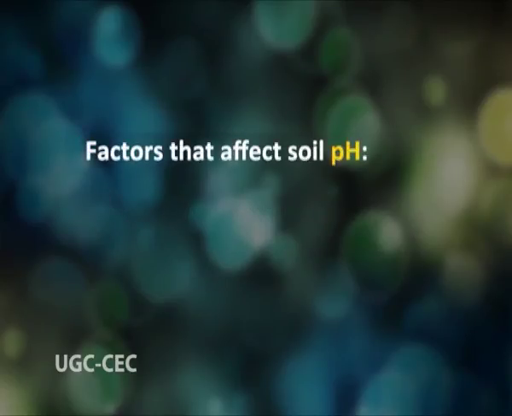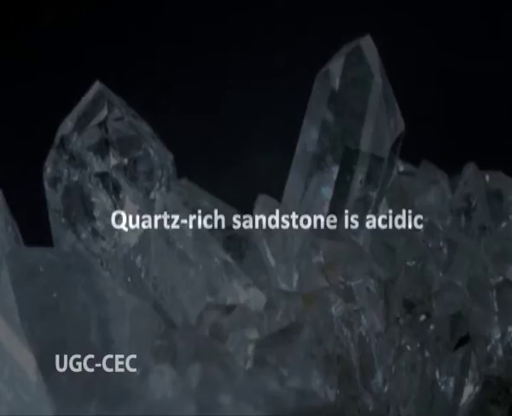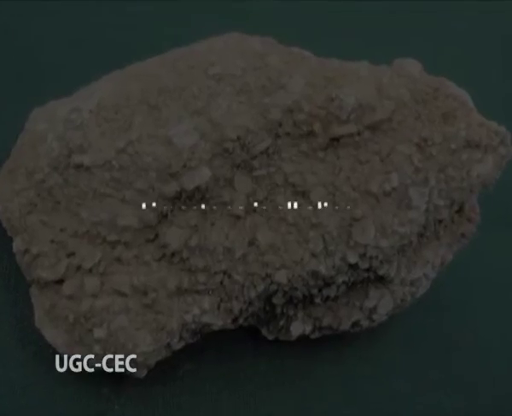Factors that affect soil pH include parent material, vegetation and climate. Some rocks and sediments produce soils that are more acidic than others. For example, quartz-rich sandstone is acidic, limestone is alkaline.